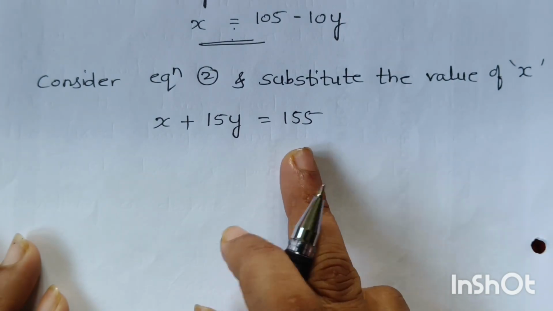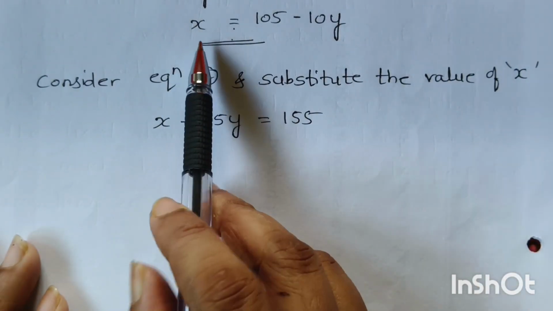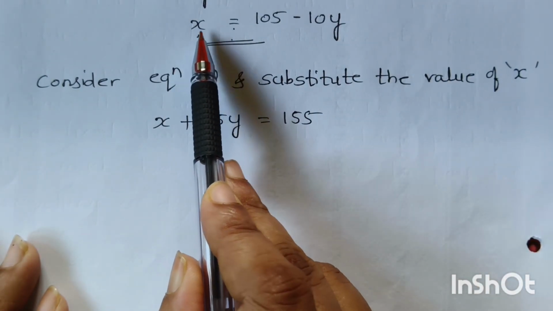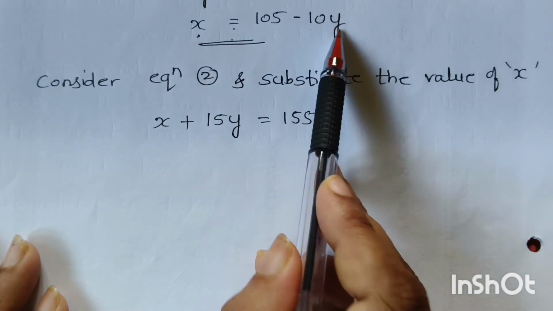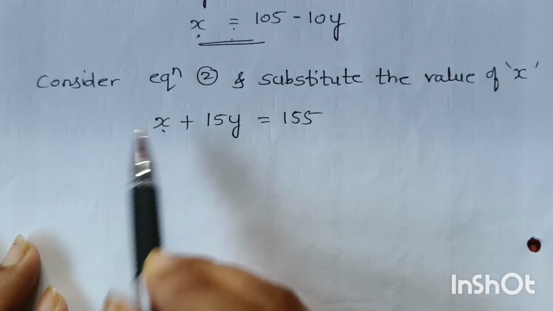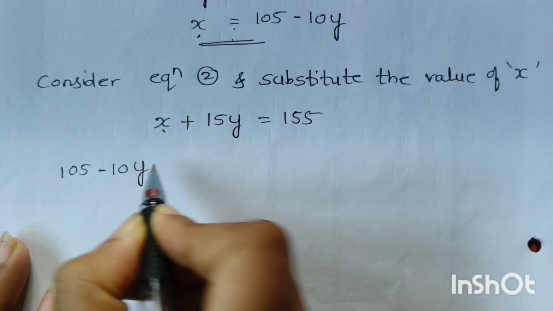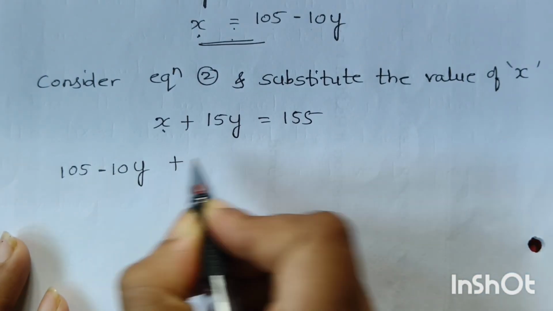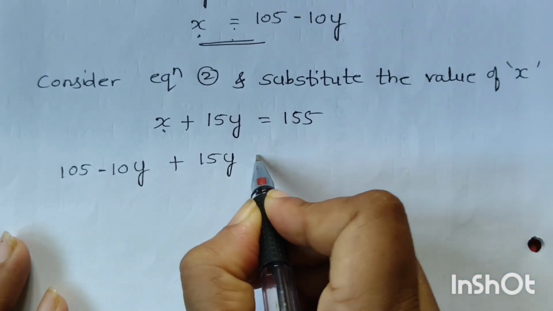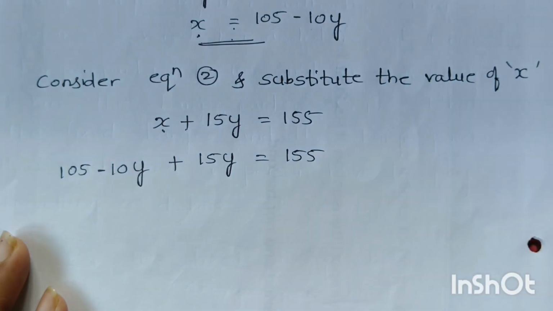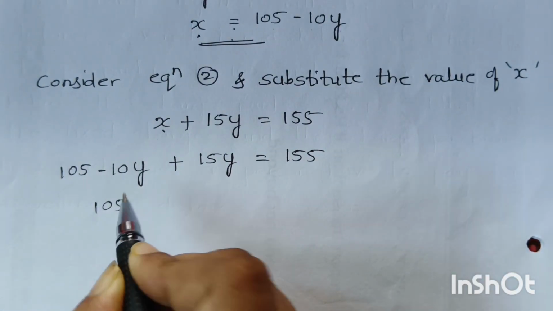This is our equation 2. Now in this, let us substitute the value of x. x is equal to 105 minus 10y. So in the place of x, let us write 105 minus 10y, plus 15y is equal to 155.